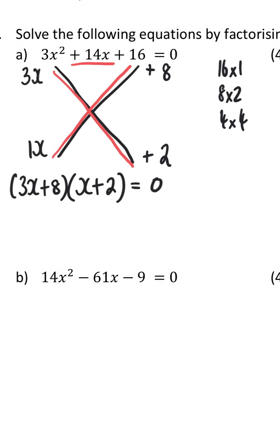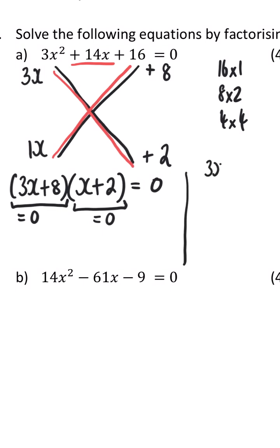So I factorised it, but I still need to solve the equation. Now I've got this factor here times this factor here, and the answer is 0. Using the null factor law, the only way you can multiply two factors together and get an answer of 0 is if this one is equal to 0 or this one is equal to 0. Let's deal with the first one. 3x plus 8 equals 0. If you can do it in your head, then do that.